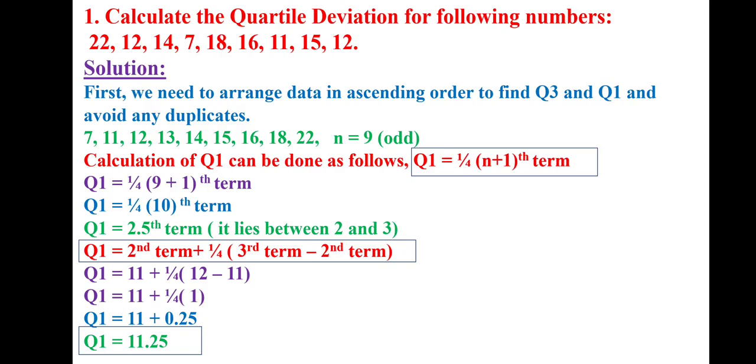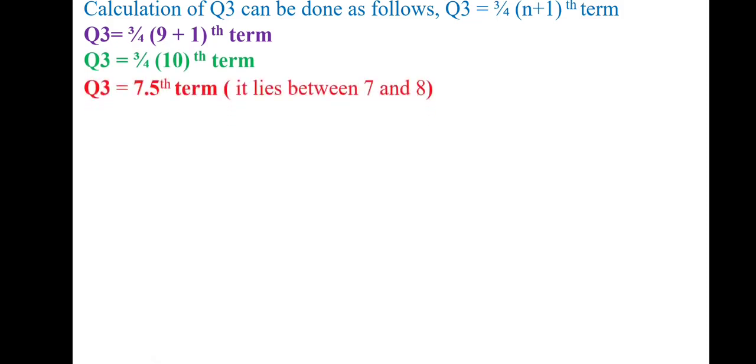In a similar way, the Q3 value can also be found. Q3 equal to 3/4 of the (n plus 1)th term. So n value 9, substitute and simplify: 3/4 of the 10th term. Here 7.5. Already explained for Q1. 7.5 lies between 7 and 8.